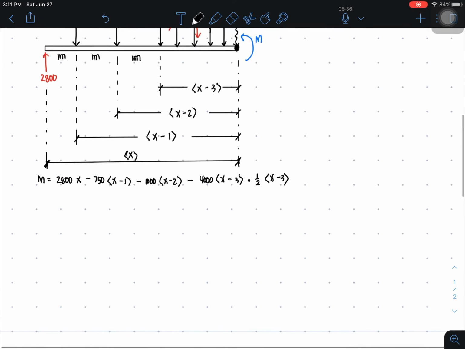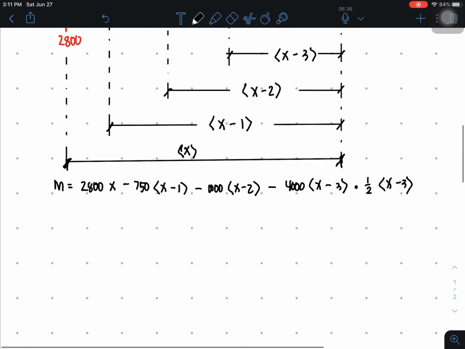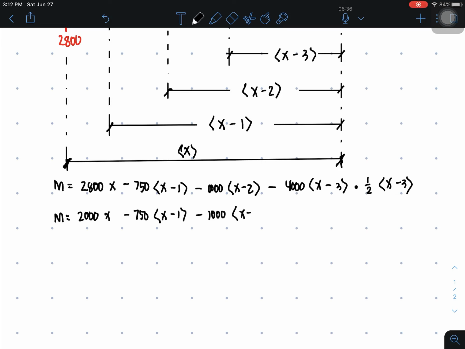There. Pagkahuman, atong i-simplify, this is 2,800 times x minus 750 times x minus 1 minus 1,000 times x minus 2 minus, this is 2,000, and this is x minus 3 square.